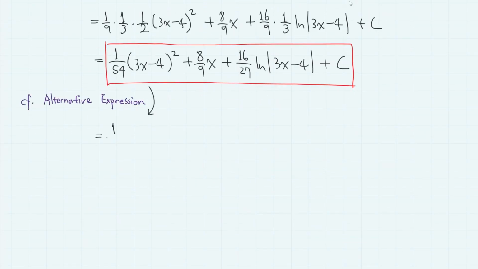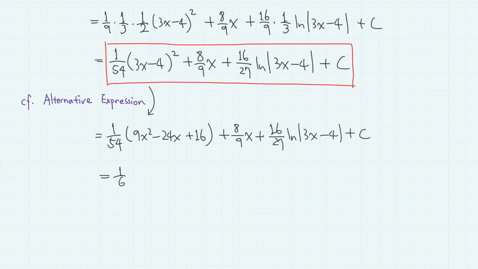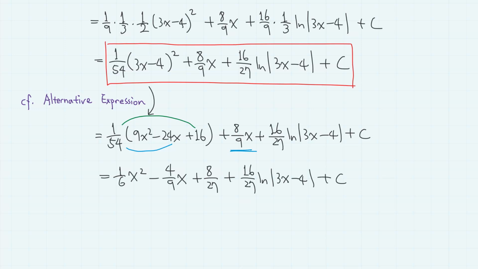Or if you expand the first term, we have 9x squared minus 24x plus 16. So we have 1 over 6x squared, then this term plus this term, which gives minus 4 over 9x, and this constant term, which is 8 over 27. So this plus 16 over 27 ln absolute value of 3x minus 4 plus c.